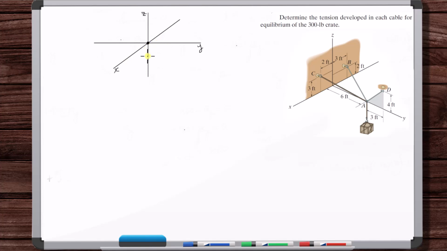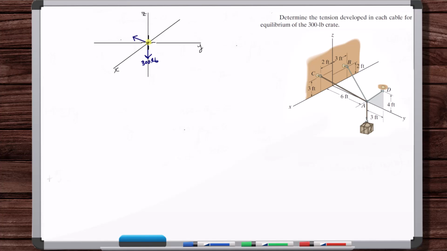Now let's apply the forces to this point. We've got a downward force from the crate. This is 300 pounds. All right. So like imagine we're coming from here now. We've got a force that's going from A to C, kind of in the positive X direction, something like that.